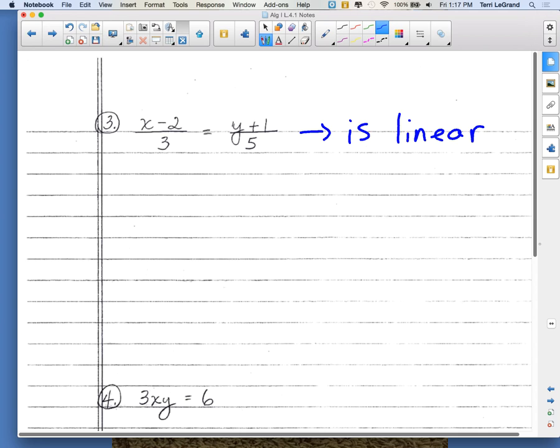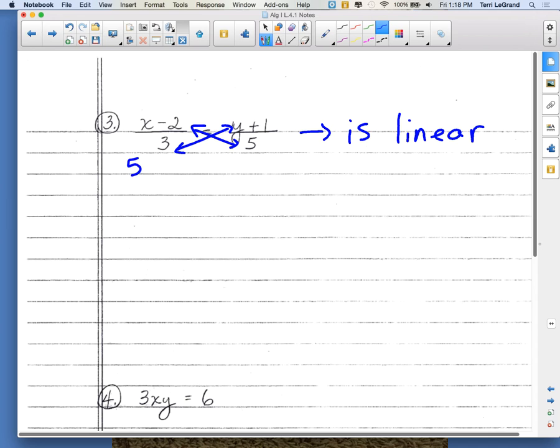Anybody know what this is called when you have a ratio set equal to another ratio? We've already learned this all the way back in chapter 1, of course, so that was a while ago, I realize, in your young minds. Proportion. How do we solve proportions? What's one of the ways to solve proportions? What are these called? Cross products, yeah. Remember how we took the numerator times the denominator across from it?